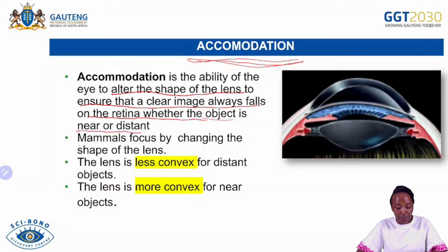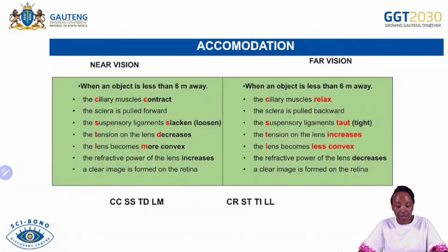So what happens here, we're looking at the changes in the shape of the lens. The lens becomes less convex or more convex depending on the distance of the object that you are looking at. This is the table that you have seen so many times. We are going to repeat it again today to emphasize the importance of being able to describe what happens when the question says describe accommodation.